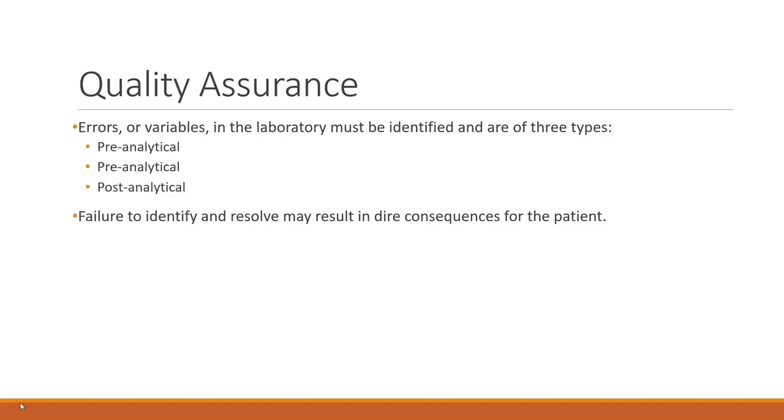Part of quality assurance is identifying errors. And errors or variables in the lab are identified in one of three types: pre-analytical, analytical, post-analytical. Failure to identify and resolve may result in dire consequences for the patient.